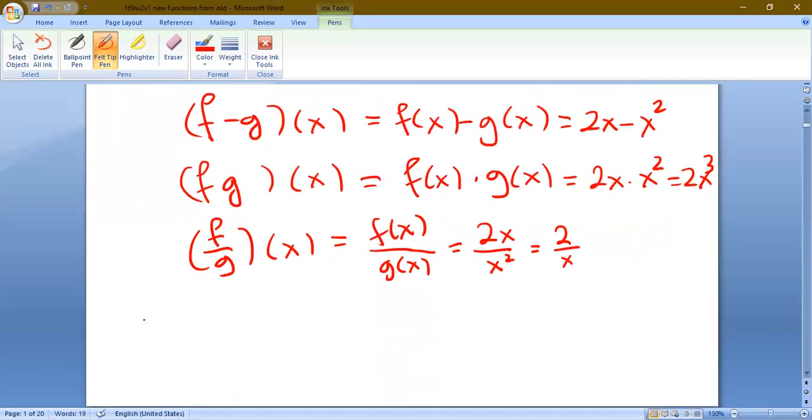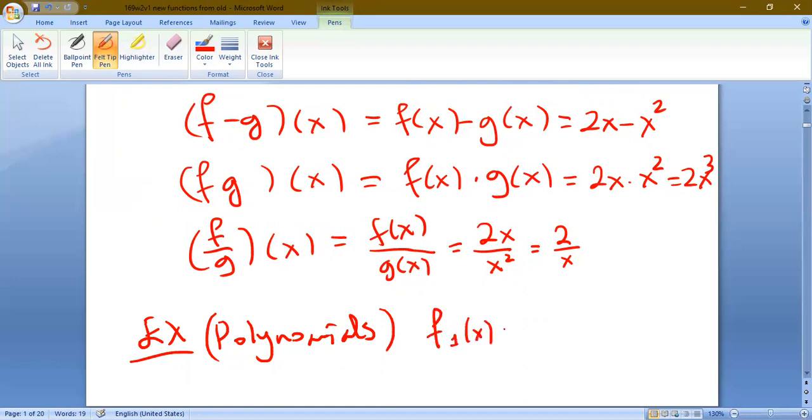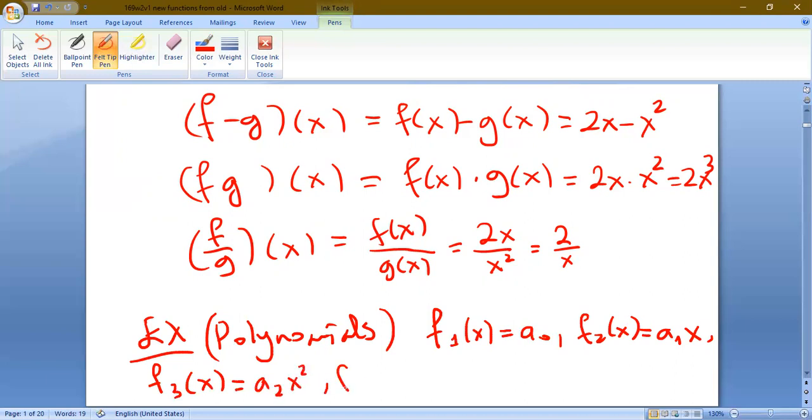Another example, which is an important example, is polynomials. Let's say we have f1 equals some constant, and then f2 equals some other constant a1 times x, and then f3 of x equals some new constant a2 times x squared, f4 of x equals a3 times x cubed.